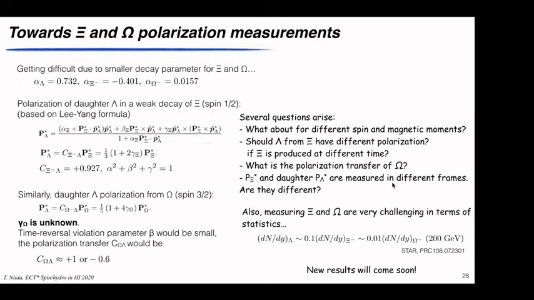I'm personally working on this measurement, and because of some collaboration reasons I cannot show the new result today, but the paper draft is currently under collaboration review. We are hoping that the new paper will be submitted in one or two months. So you will see new results soon.